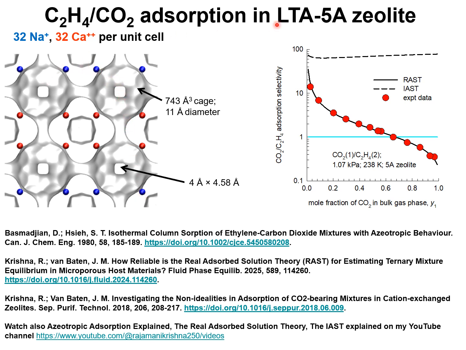This is a cation exchange zeolite. 5A is a cation exchange zeolite, and one unit cell of LTA-5A zeolite consists of 32 extra framework sodium cations, 32 extra framework calcium cations, and further details of the structures of these zeolites are available in these papers of mine.